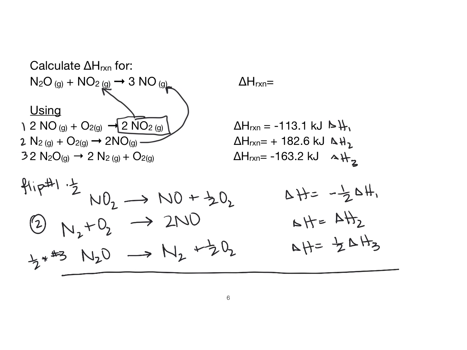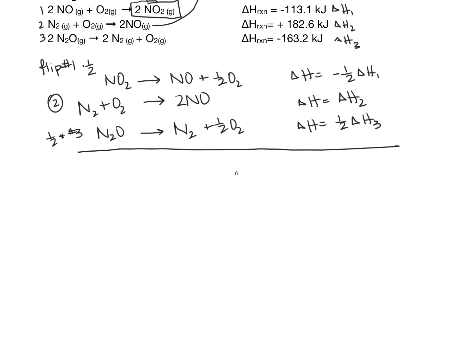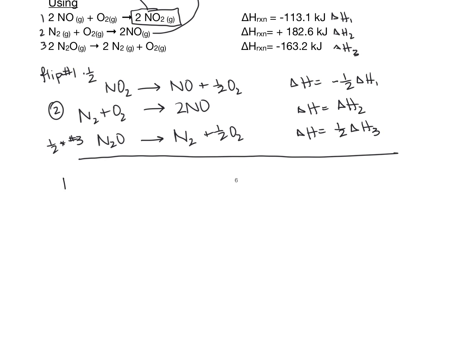So then we're going to total these all up to where we have N2O plus N2 plus O2 plus NO2 gives us a total of 3NO plus N2 plus O2, because I totaled up the nitrous oxide and the oxygen gas.